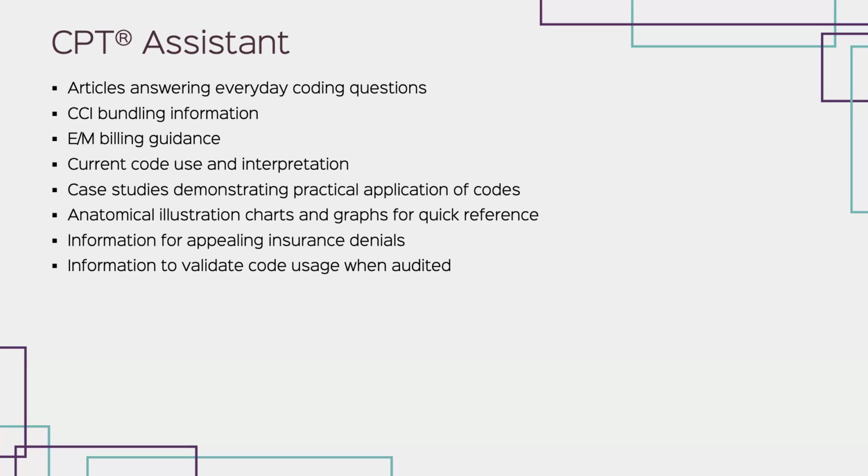You've got some information for appealing insurance denials, and any information to validate code usage when you are audited. Again, it is a subscription service, but it is considered an official resource, so you can use that for support when coding your services.